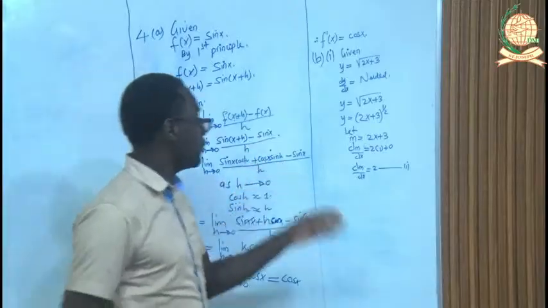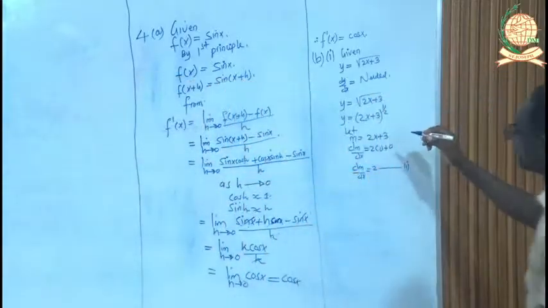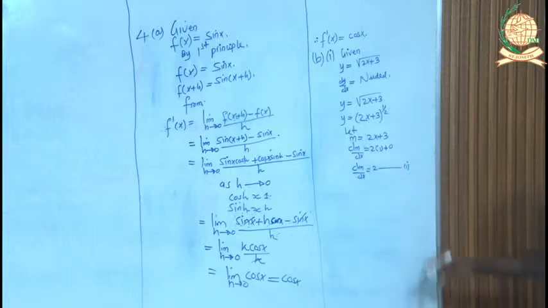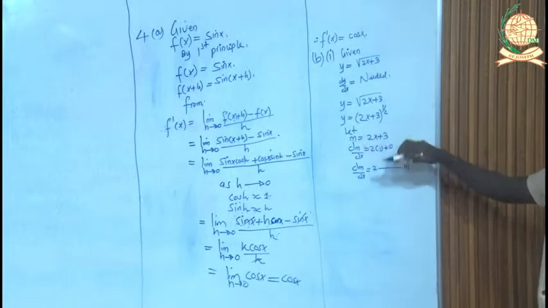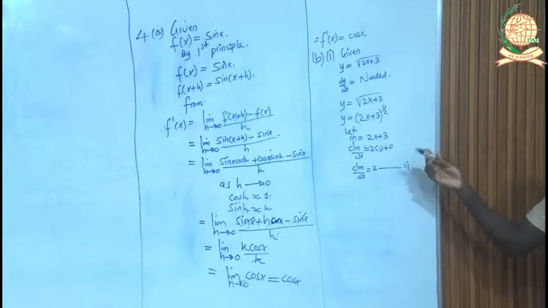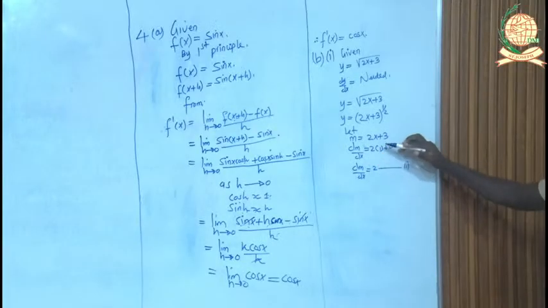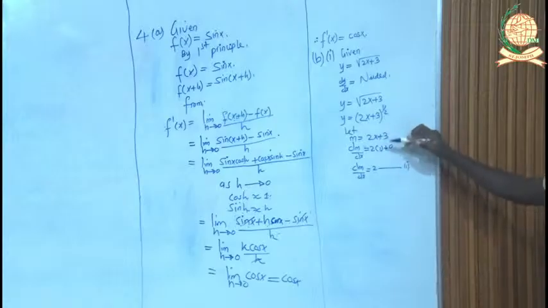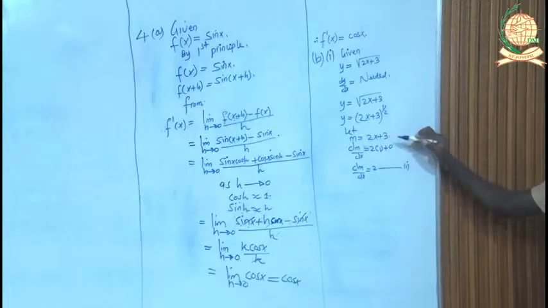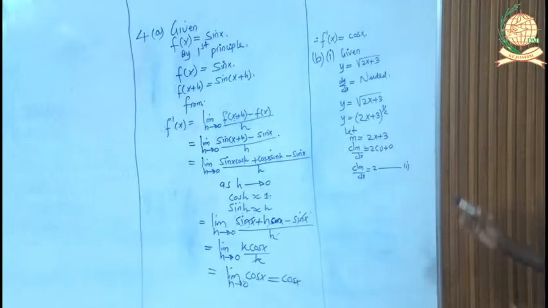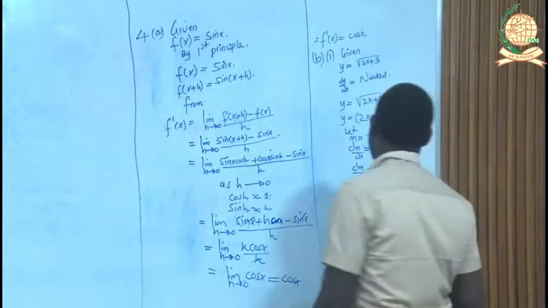Firstly, for this question, let the function 2x plus 3 equal m. Then you differentiate m with respect to x, and you get dm over dx equals 2: 2 times the derivative of x, which is 1, so 2 times 1, but the derivative of a constant is 0, so plus 0. Then dm over dx is equal to 2, and this is equation number 1.